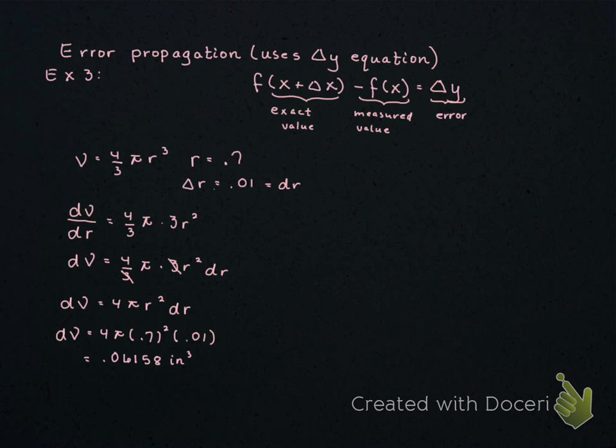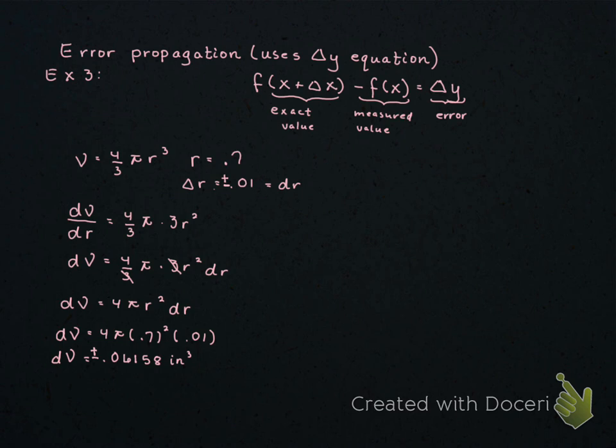And because that error can be that 0.01 bigger or 0.01 smaller, the volume is also adjusted accordingly. Okay, so the volume might be 0.06158 inches cubed, a tiny bit bigger or a tiny bit smaller by that same value. Okay, so for error propagation, don't forget that you're using your change in y equation.